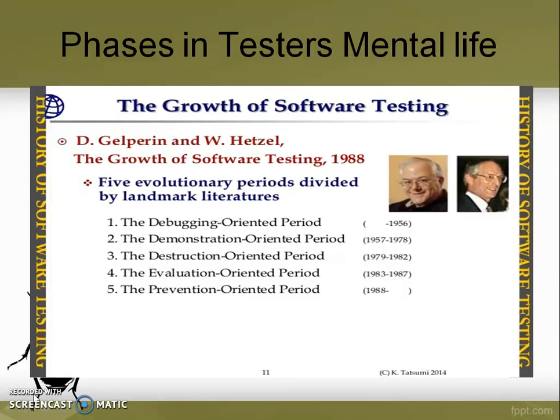Third is the destruction-oriented period from 1979 to 1982. Fourth is the evaluation-oriented period from 1983 to 1987. And fifth is the prevention-oriented period from 1988 till now.